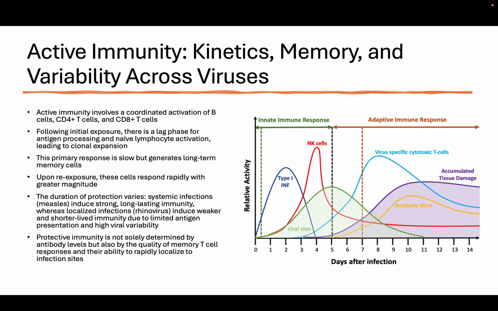But in the case where you have viruses in your blood or in certain sites, it's really your B cells that are stopping the infection from spreading. So B cells are extremely important for reinfections.